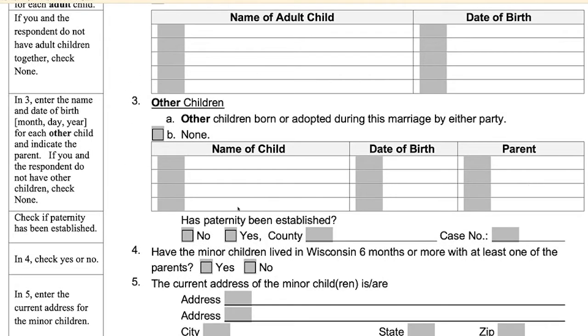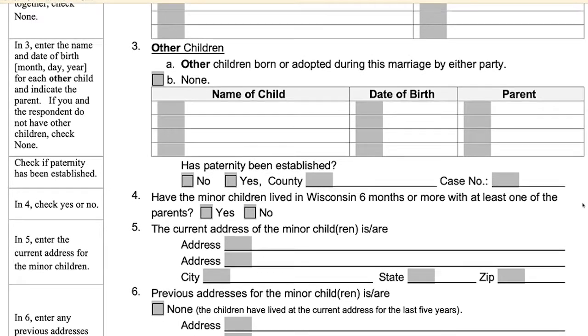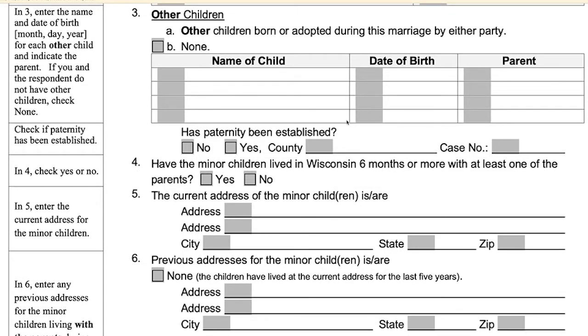And then there's kind of a catch-all. Any other children born or adopted during this marriage by either party. Just clearly identify who they are, when they were born. If one of you has had a child that might not be with your current spouse, you need to let the court know if there's been a paternity action for child support.